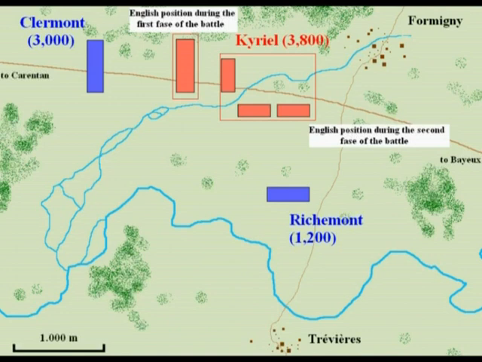Possibly they had managed at this point to realize how many the English were, and seemingly, as we've seen before, Kyriel's army now was larger than the singular French army of Clermont.